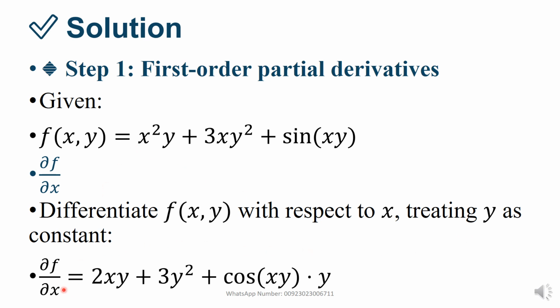Then the derivative of x squared y with respect to x is 2xy. Plus, the derivative of x is 1, so we get 3y squared. Now the derivative of sin xy: the derivative of sin is cos, so you write cos xy the same, then the inner derivative with respect to x gives only y.